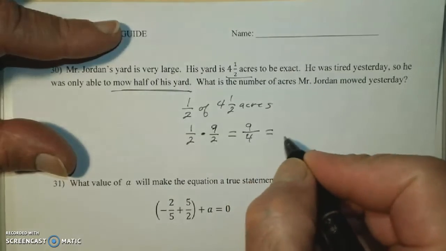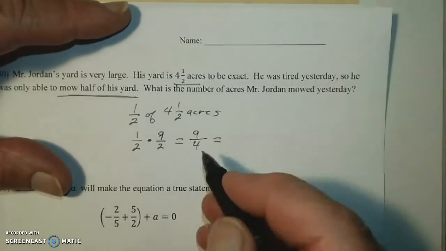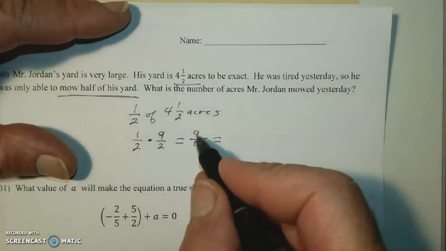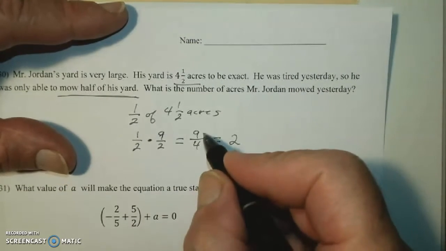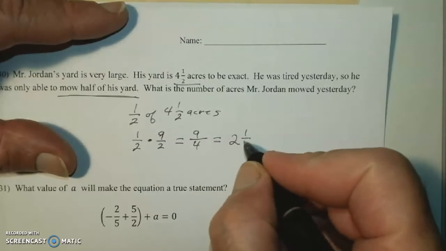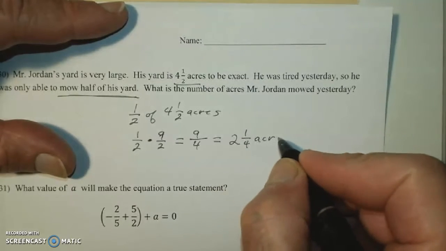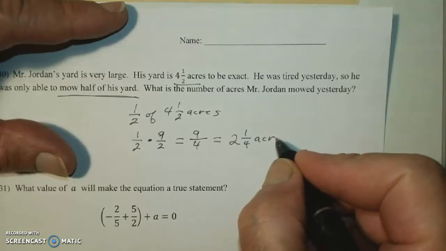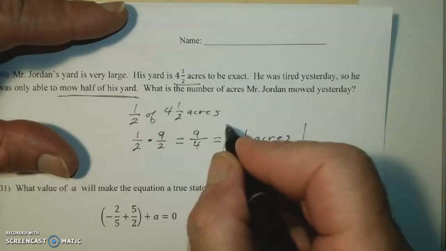Change it into a mixed number because it's a word problem. 4 would go into 9 2 whole times. You'd have one piece left over, 2 1/4 acres. So on that first day, he would have mowed 2 1/4 acres.